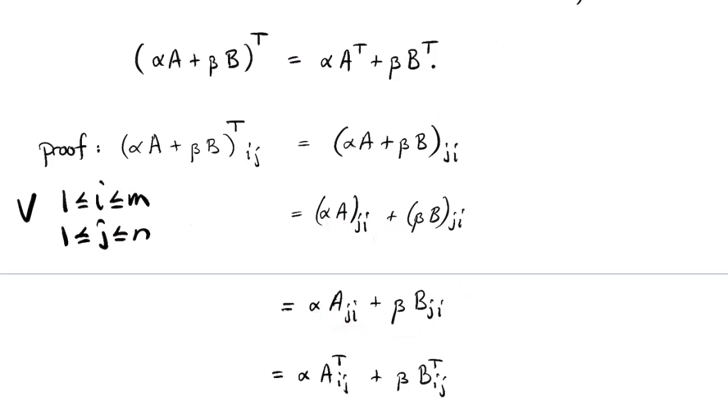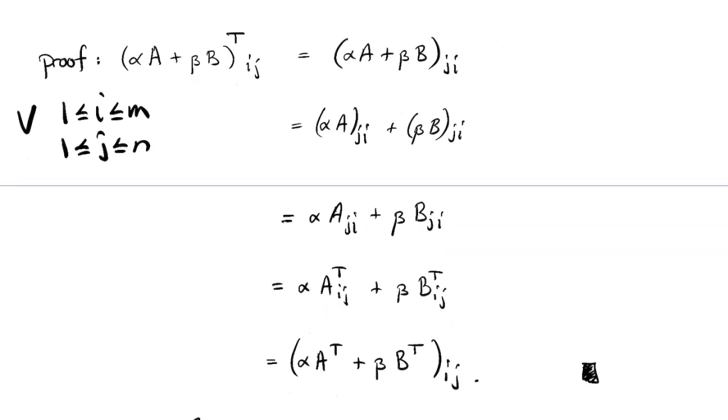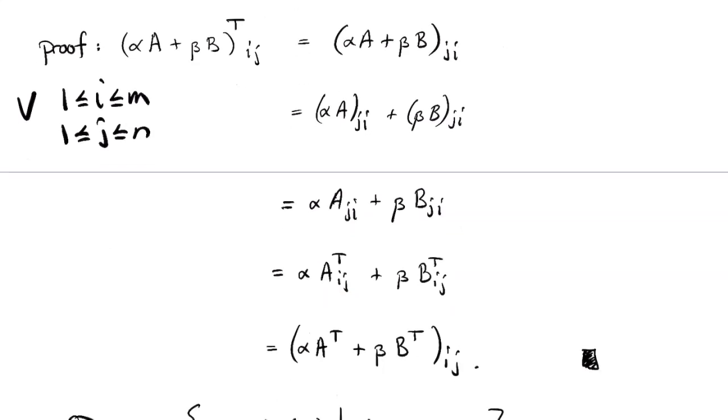This is the same thing for B, right? And now the transpose definition again, the ji entry of A is the ij entry of A's transpose. Same for B. Matrix addition, again, says that if you're adding their ij entries, well, that's exactly the definition of the ij entry of their sum.